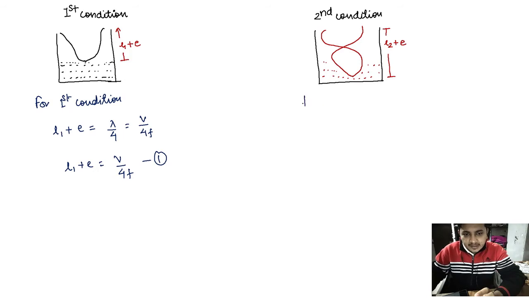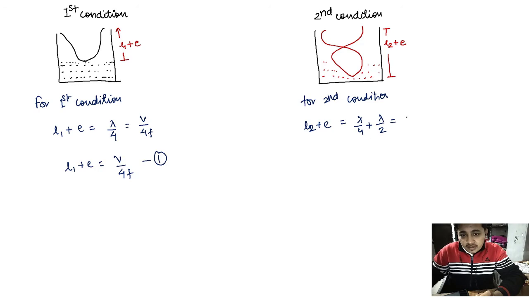And for the second condition, L2 plus E is equals to, here the node and antinode both are present. So the distance between node and antinode, that is lambda by 4, plus the distance between two nodes, which is lambda by 2.